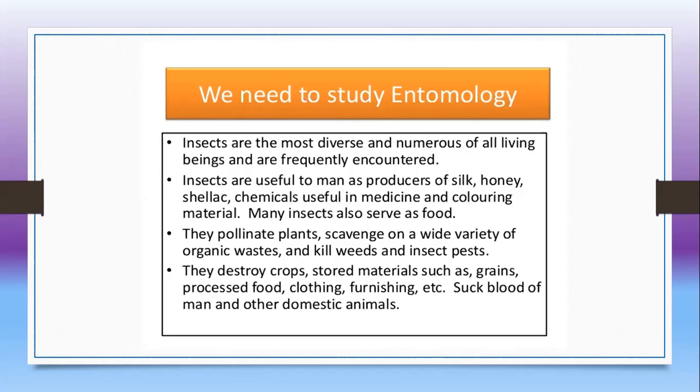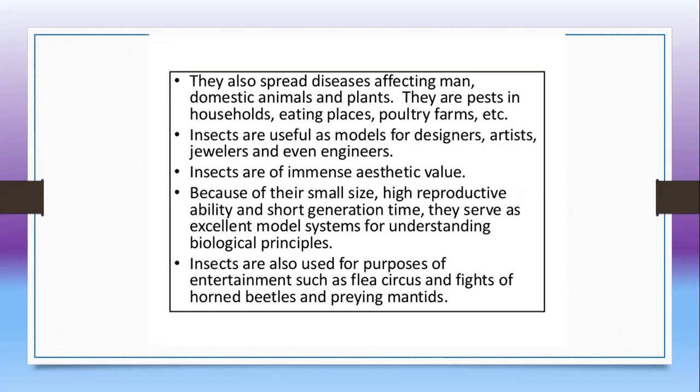And they are causing distress even in domestic animals. They also spread diseases affecting man and domestic animals and plants, as I said now. They are pests in household, eating places, poultry farms, agricultural fields, storage grain sheds, and various other places.